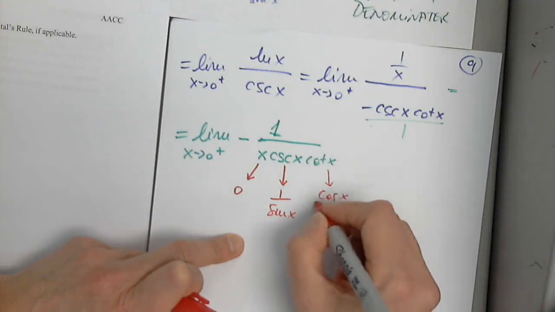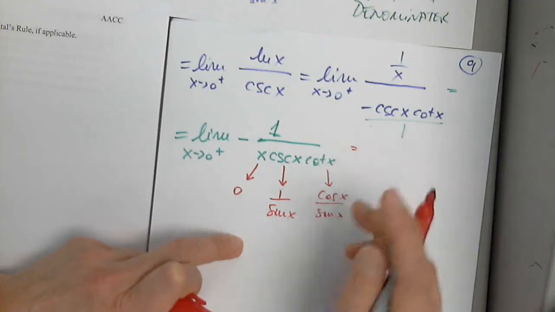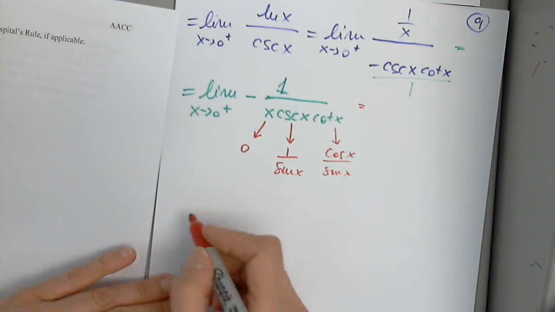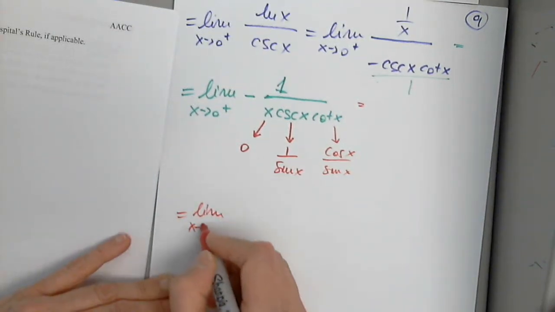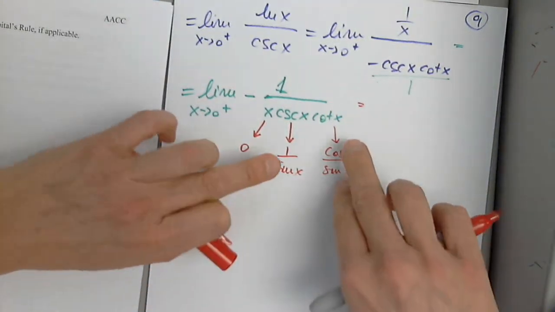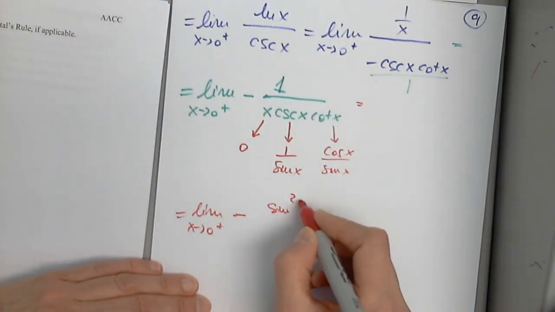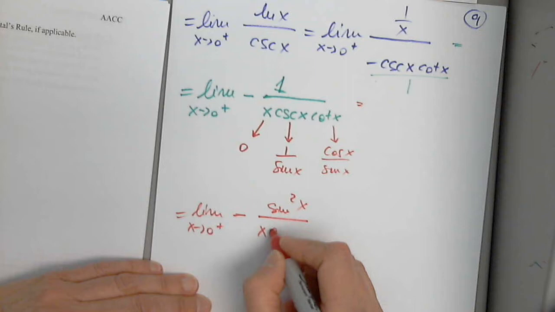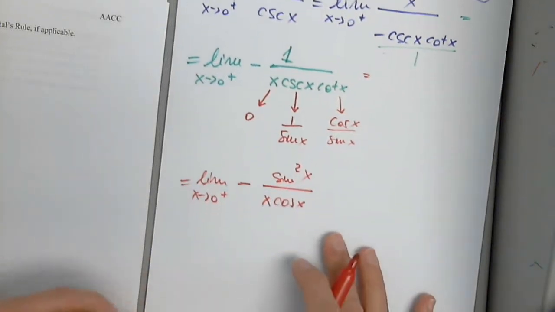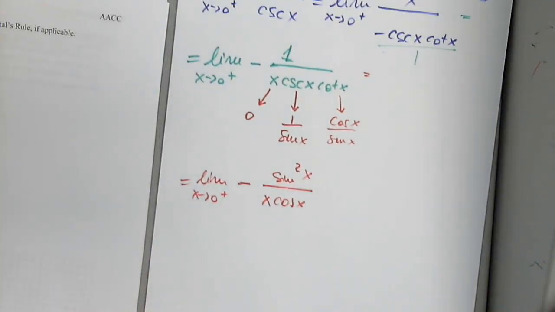Cotangent is cosine over sine x. So we can do that first. Let's do that. So limit as x approaches 0 from the right, and I multiply and I flip. So I have negative in front sine squared x over x cosine x. This is just because it's easier to think in sine and cosine versus cosecant and cotangent.